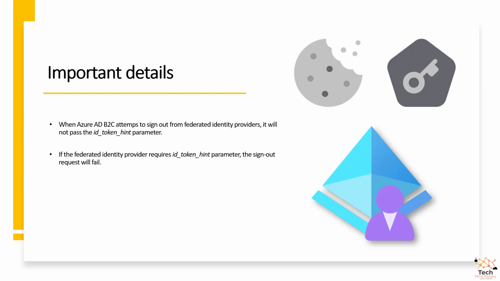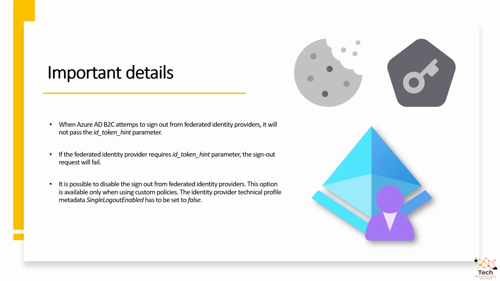I know that some external identity providers require this ID token to be sent on the logout request, and currently B2C, at least per my knowledge, and I didn't find any information about it, does not support providing the ID token hint on logout for those external identity providers.